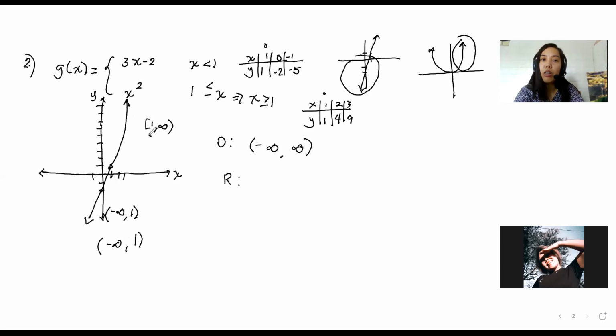So, the range for the quadratic equation, from 1 up to, lumalaki yung values ni y. So, from 1 up to positive infinity. Okay? So, when we check the y values, negative infinity up to 1, and here we have 1 to positive infinity. So what do you think is the range for the given piecewise?